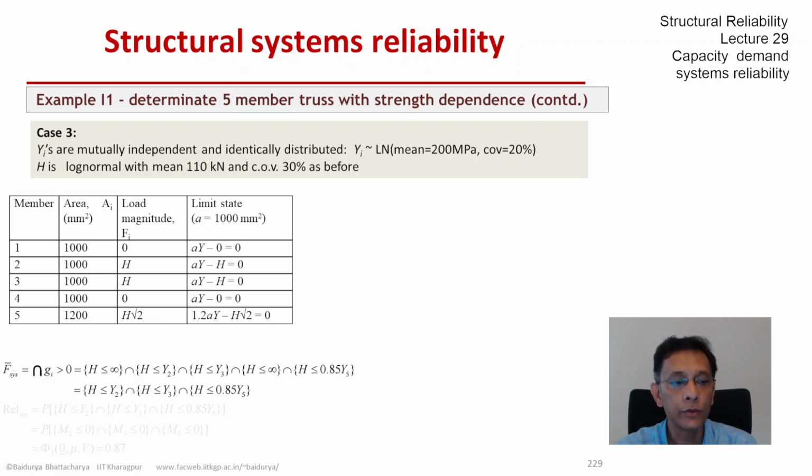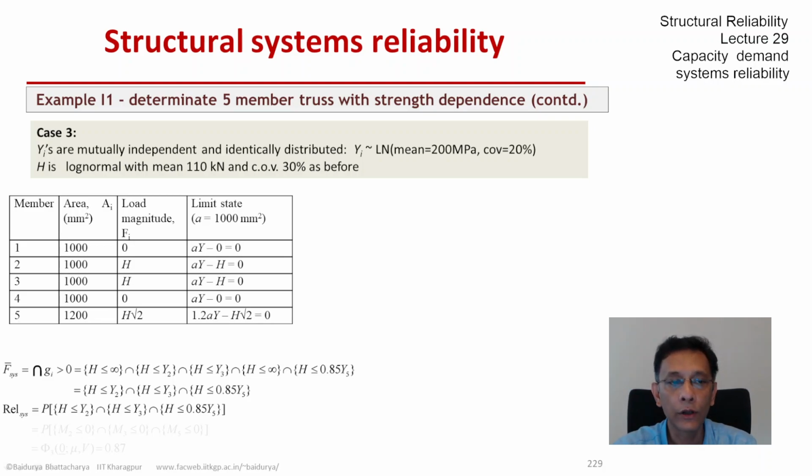So y2 and y3 and y5 are different random variables, and the 3 events are also not independent because h is common to all of them. So we have to be careful of that fact.